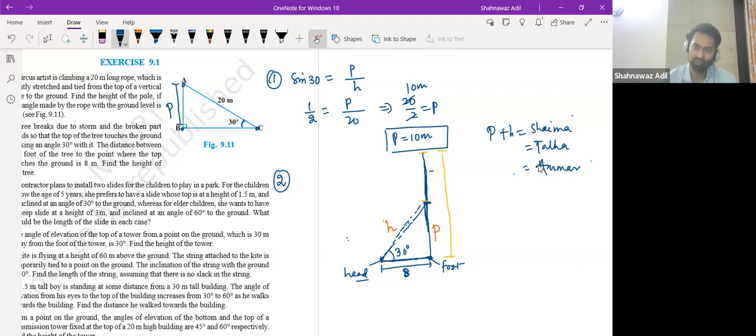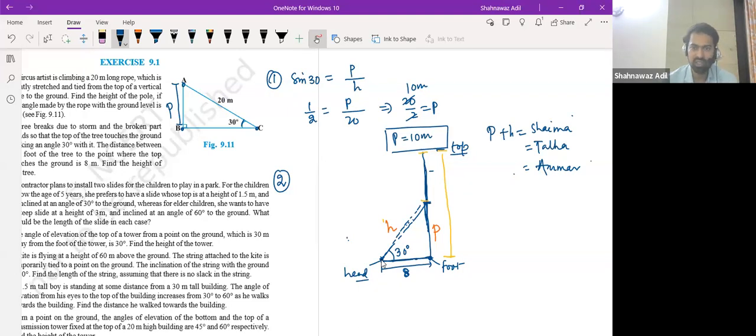Yes, Talha. Any confusion in the question? I'm not sure. What are they asking right now? They are asking what is the height of the tree. To calculate the height, remember that this is the top of the tree, but it broke and it fell down.